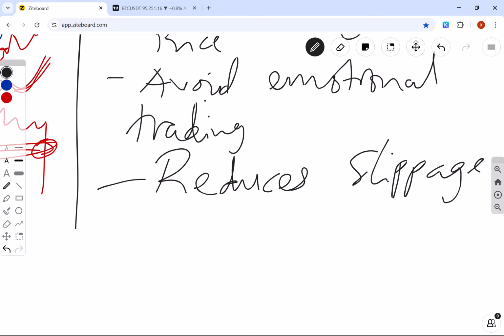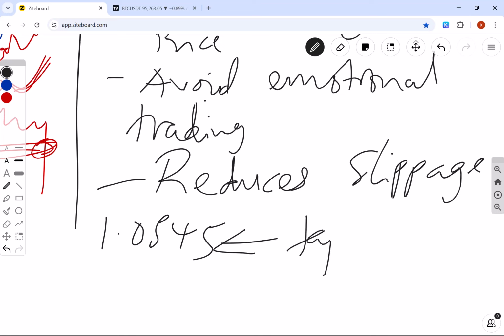If we are placing market orders, sometimes by the time you are pressing the button, there is a retracement in movement because the market is very quick. But with limit orders, if you say execute at 1.0545, immediately it gets there, execution takes place.